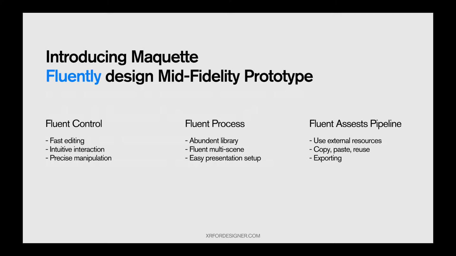Maquette rises and shines when it comes to fluently designing your prototype. We have three very big advantages over everything else: Fluent Control, Fluent Process, and Fluent Asset Pipeline. So we're going to use three videos to introduce these three big advantages.